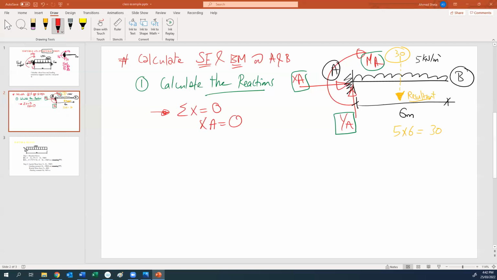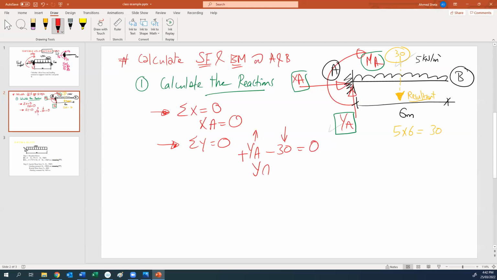The second equation: if we apply summation Y equal to 0, what forces in the Y direction do we have? We have YA and 30 kilonewton. Do we have any other forces? We don't. So summation Y equal to 0: YA going up, so positive, minus 30 going down, equals 0.